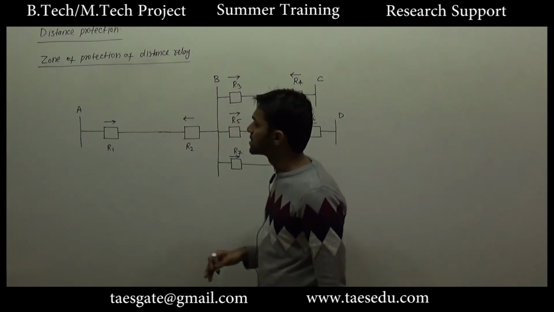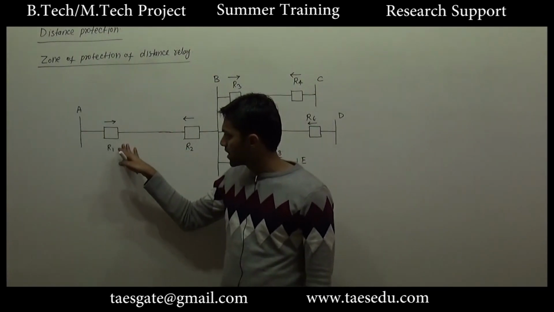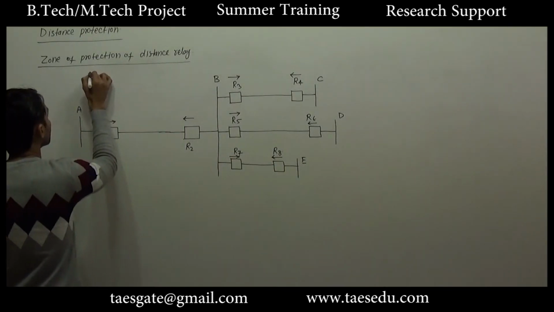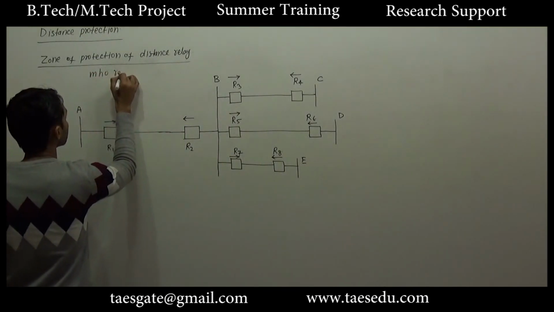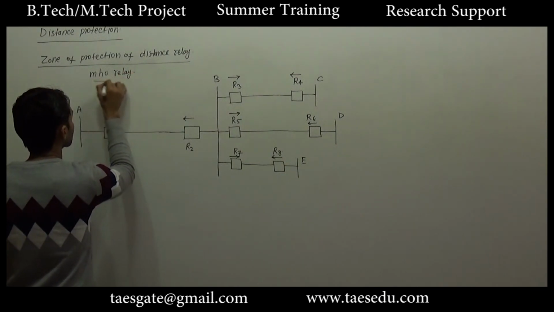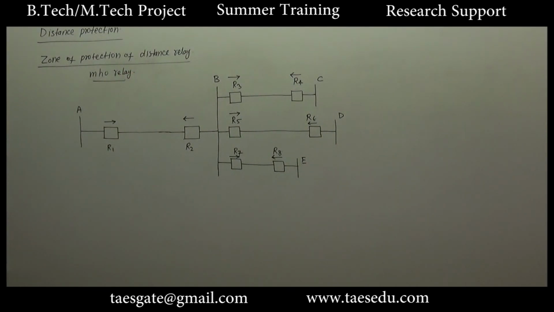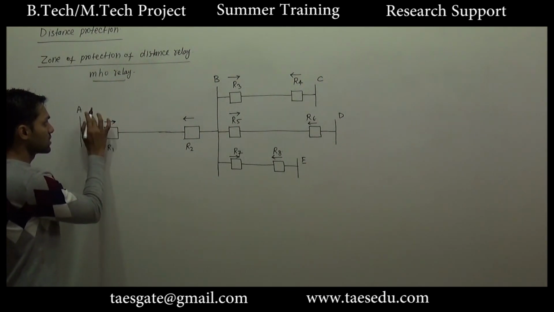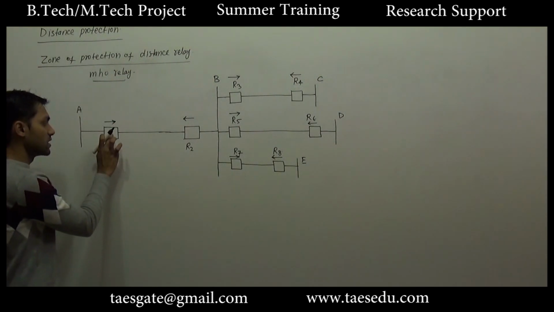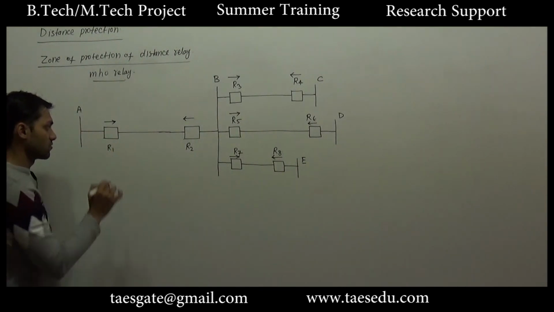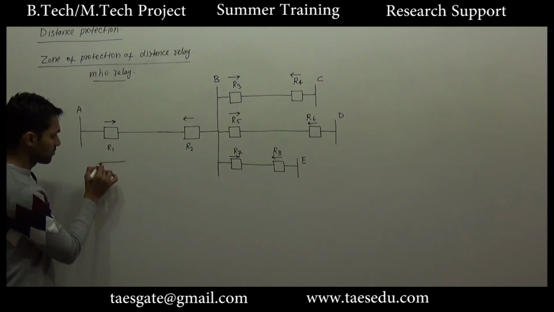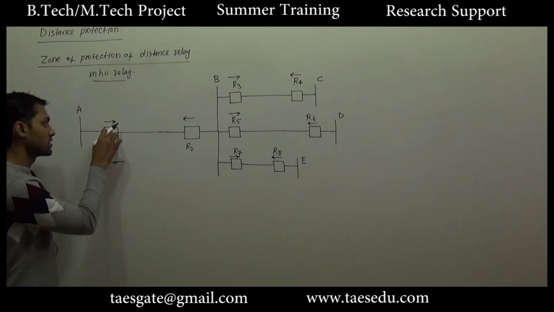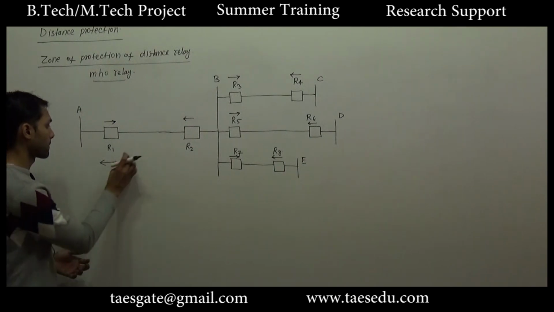And since we are studying distance protection, these are directional impedance relays, and a directional impedance relay is nothing but a mho relay. We have already discussed the meaning of this direction. It means for this direction of fault current, this relay will operate. For the opposite direction of fault current, although this is a fault current, this relay will not operate.